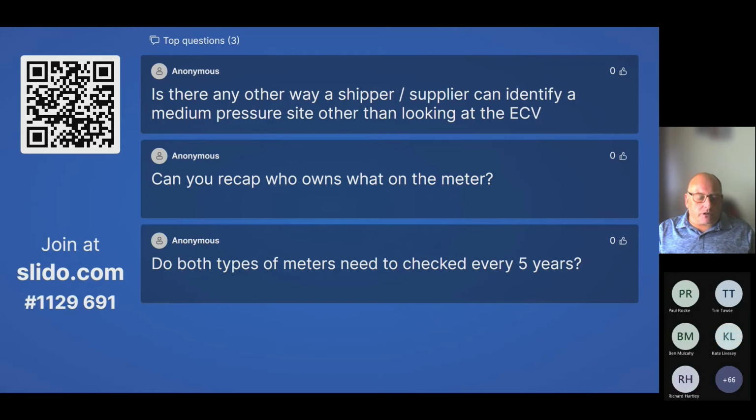Now, in some circumstances, they won't be able to tell you 100%. What they'll be able to tell you is that there are medium pressure networks within the area, and that it may be likely because they can't see any low pressure ones. Xoserve also holds some of the information, and there is now a discussion under some of the codes.